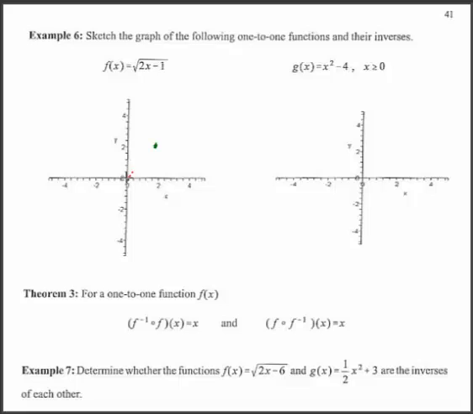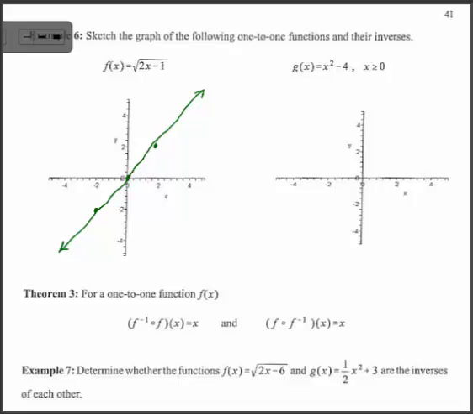Y equals x is the identity function, so whatever we use for our x coordinate, we will simply have that same y coordinate. So it's really easy to plot. Okay, not so easy to draw a straight line. Alright, we're just simply going to rotate f of x around this green line.